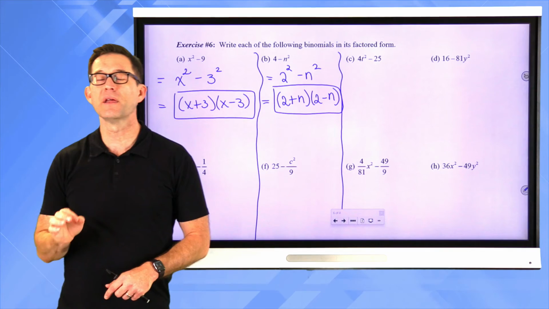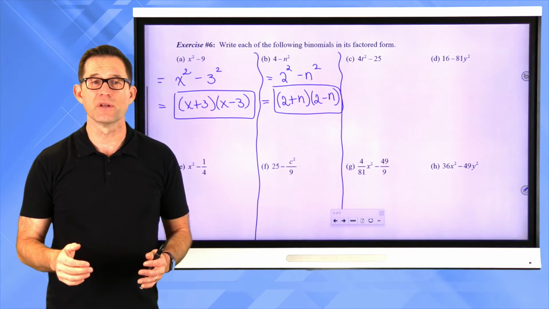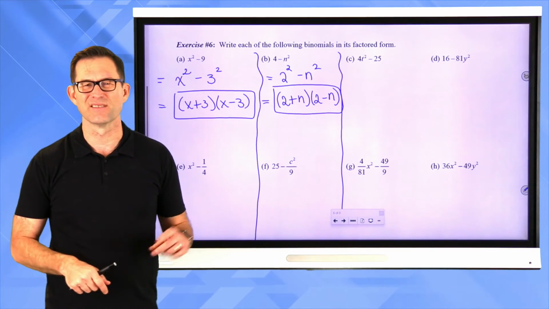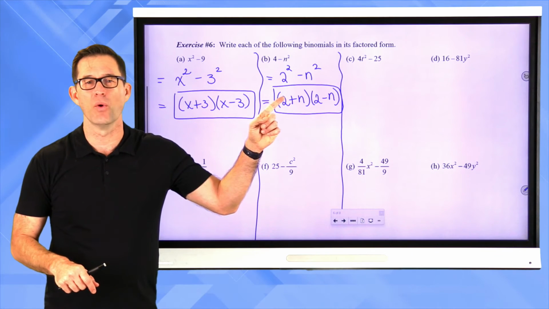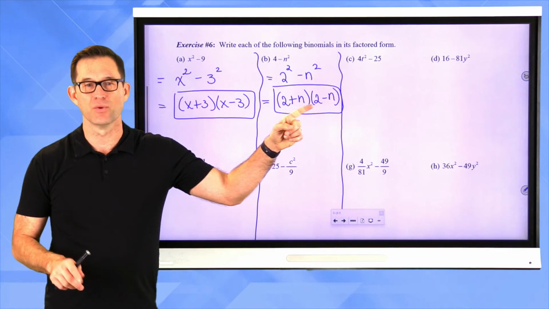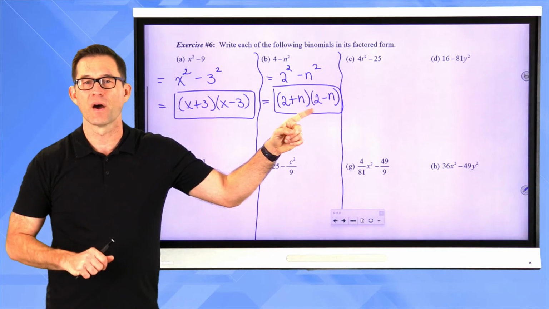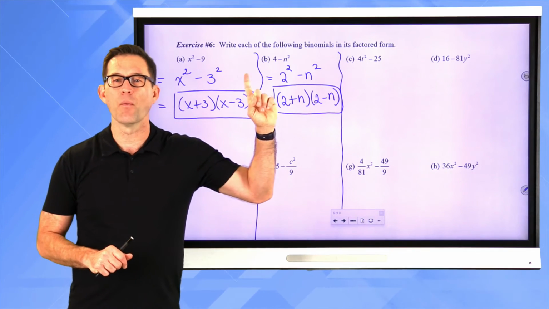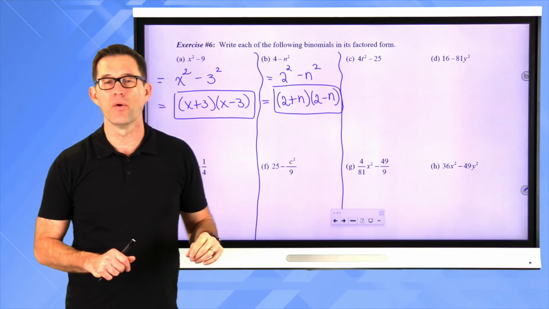Okay, so you do have to be a little bit careful. In subtraction, order matters. Addition, it doesn't. So if I made this n plus 2, that's cool. But that can't be n minus 2. That would be a problem. All right, let's take a look at one more, and then we'll have you do one on your own.